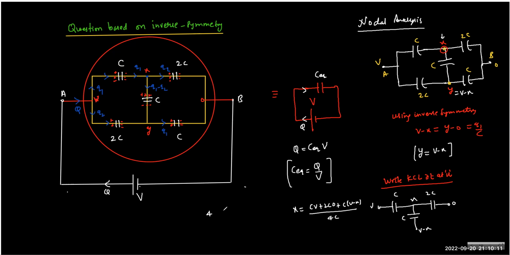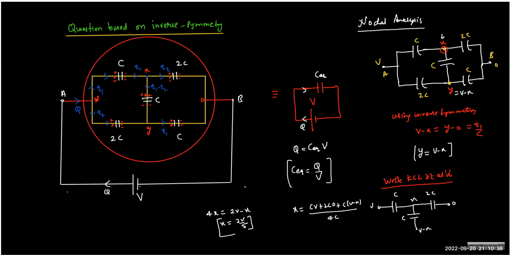So 4X equals V plus 2V minus... so 2V by 5. 2V by 5 is the right answer. Anyone getting the answer 2V by 5? Yes. Got it. Okay.